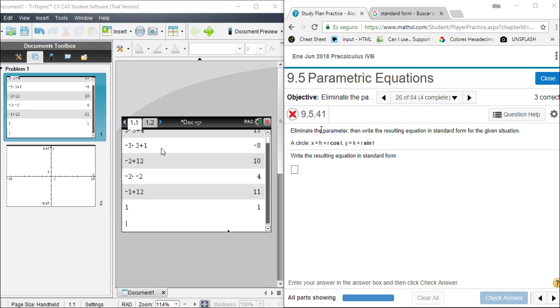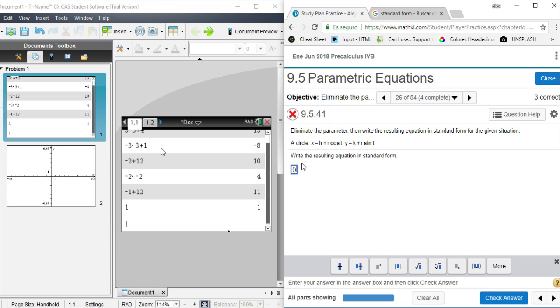Okay, this is the next question. It says, eliminate the parameter, then write the resulting equation in standard form for the given situation. So we know that it's a circle, and its formula is x equals h plus r cos t, y equals k plus r sin t. So we know that the formula of the circle is (x minus h) squared plus (y minus k) squared equals r squared, where you use the first letters that appear in the equation.